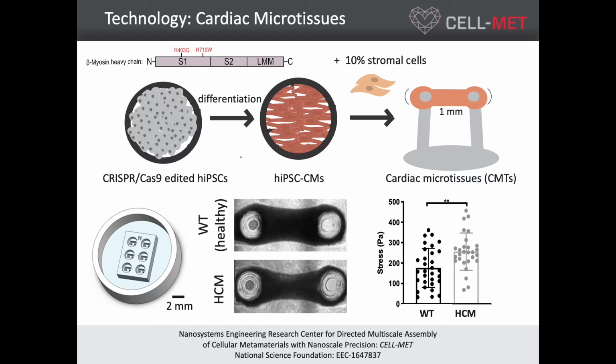We have found by making both healthy wild-type cell lines and also HCM cardiac microtissues that there is increased stress or force production in the HCM cardiac microtissues. This again demonstrates the clinical phenotype of hyperdynamic activity. We plan to further study the disease in vitro with these models.